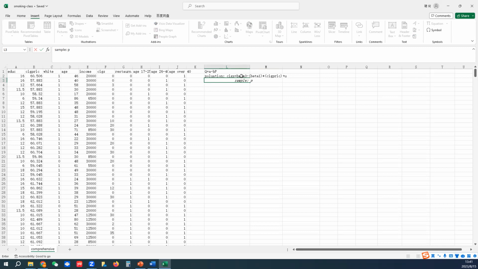cigarettes hat. Okay, that is the fitted Y equal to beta 0 hat minus beta 1 hat multiplied by price, which is cigarette price.